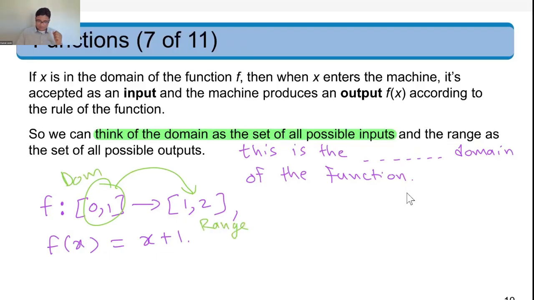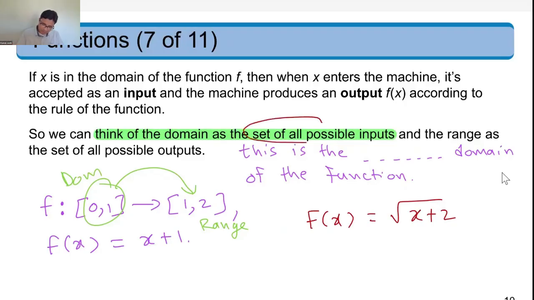But sometimes you are not given that. You are simply given a function. And I tell you to take the function f of x equals square root of x plus 2. Okay. Now the question becomes, what are the input values? And in such cases, many times we try to take the largest possible set of inputs.